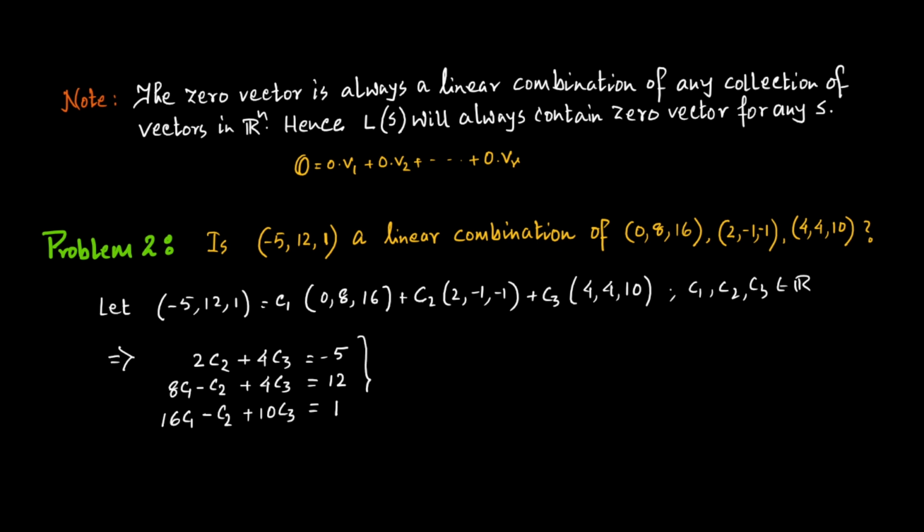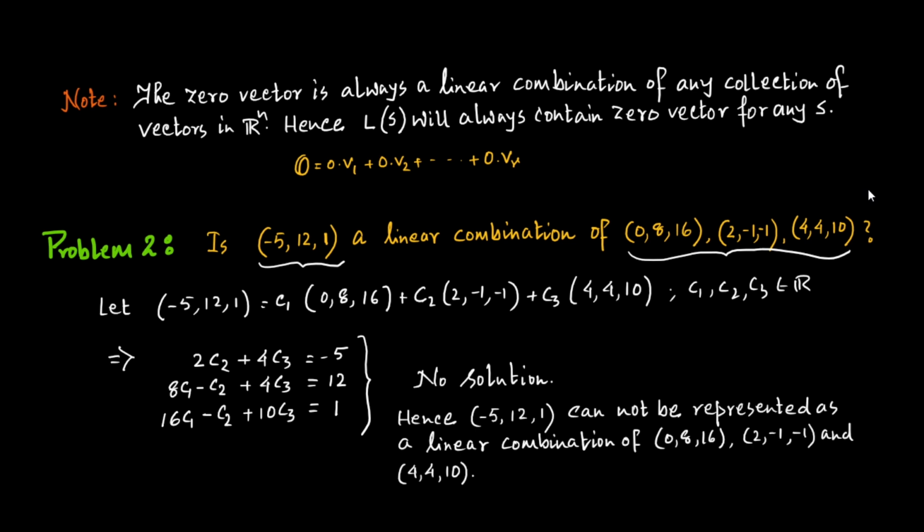Now you can try to find the solution of this system by any method you wish. I have discussed the nature of solution of exactly this system in my previous video on Gaussian elimination algorithm, and I showed you that this system will have no solution. Hence, the vector (-5, 12, 1) cannot be represented as a linear combination of these three vectors.